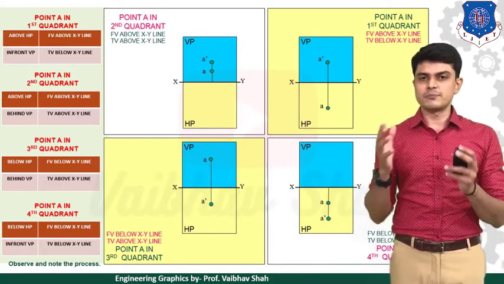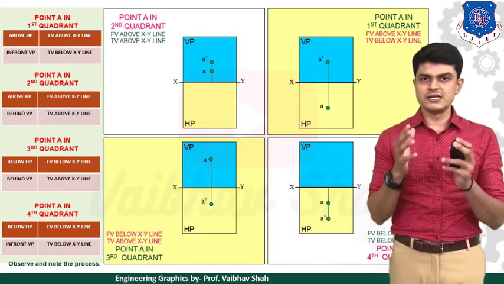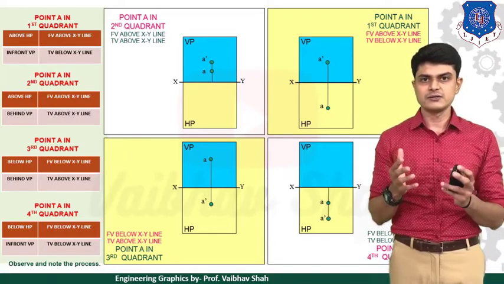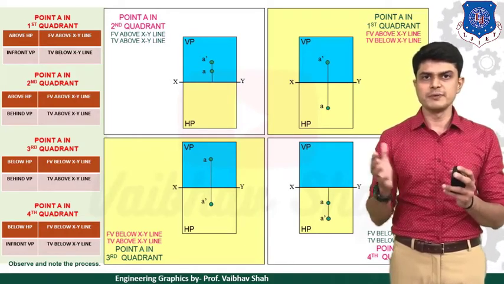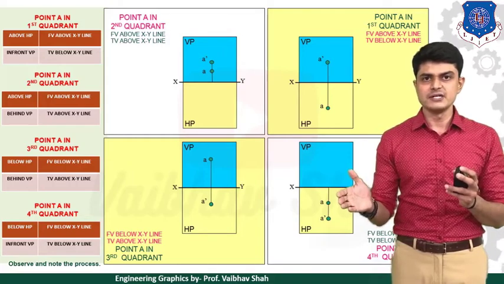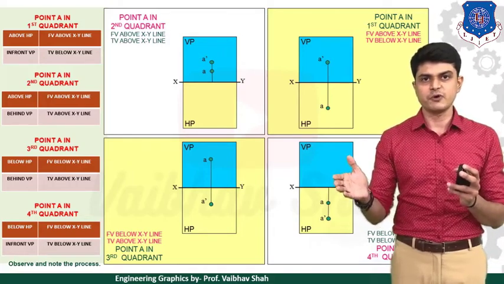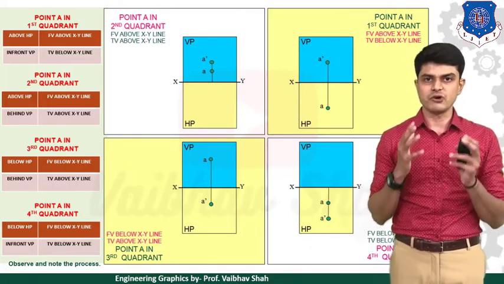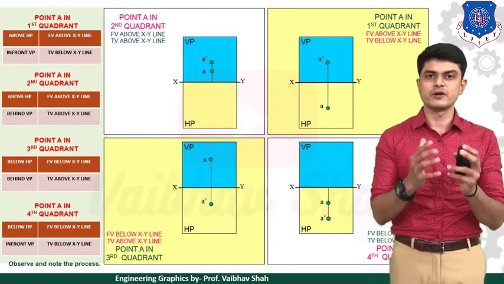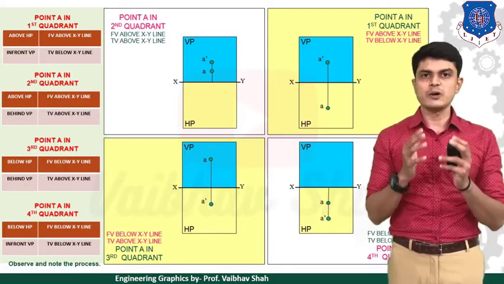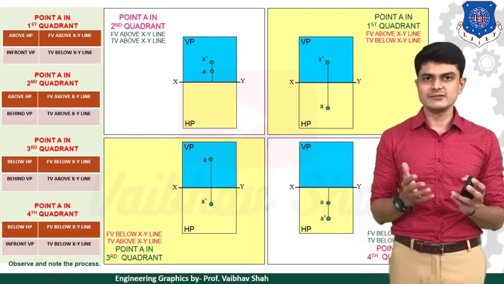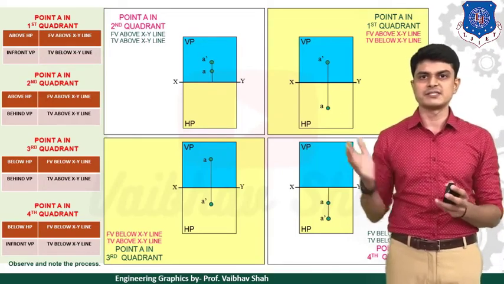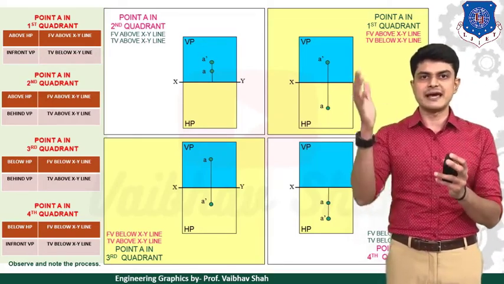And next, if your point is in front of VP, your top view would be below the XY line. So your top view, or plan, or the point without dash, would be below the XY line. So for the fourth quadrant, both the top view and front view would lie below the XY line. Right? Very easy.